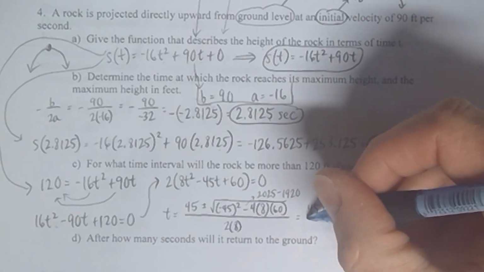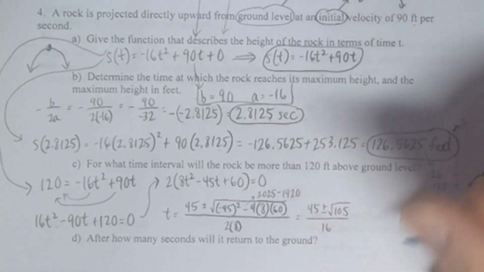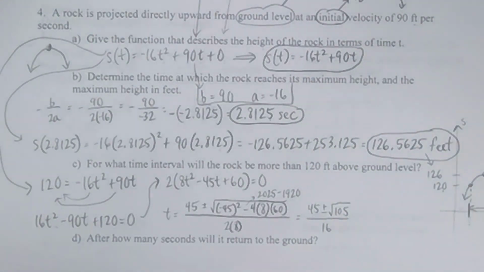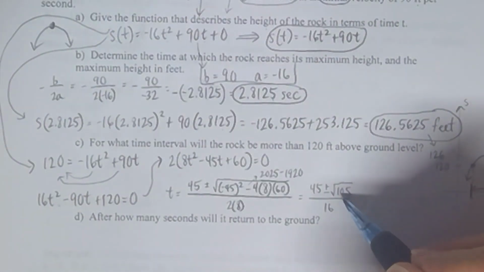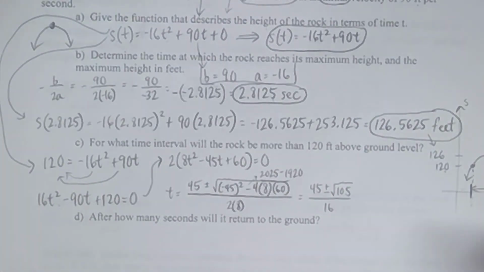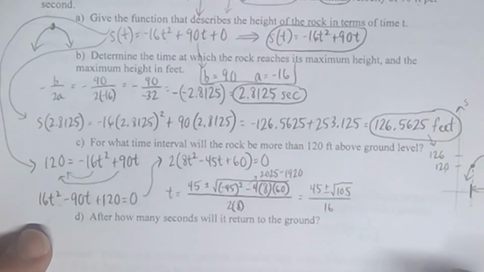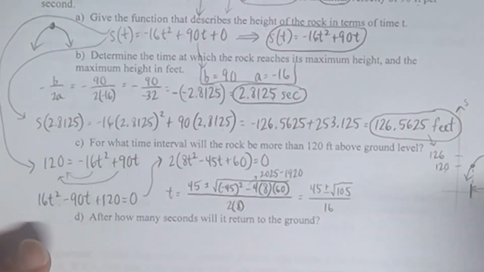Now here's the problem. 105 is not a square root that we know without our calculator, and since it's not one of those perfect square numbers like 4 or 9 or 16, we have to approximate our answer here. If this was a test question, I will tell you how to round off.